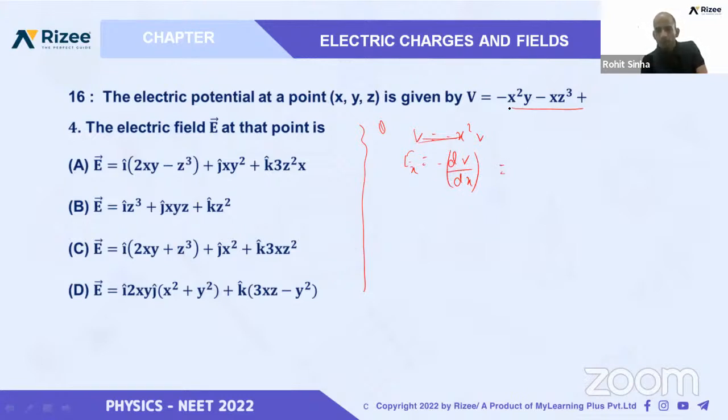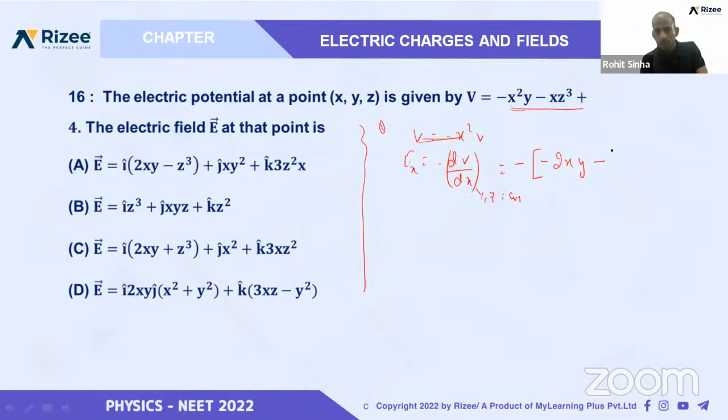So differentiating this with respect to x, what will we get? Minus sign outside the bracket. Differentiate this, what will we get? Minus 2x minus 2xy minus, and here yz is constant.